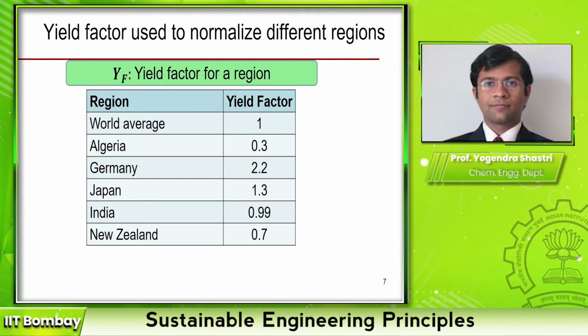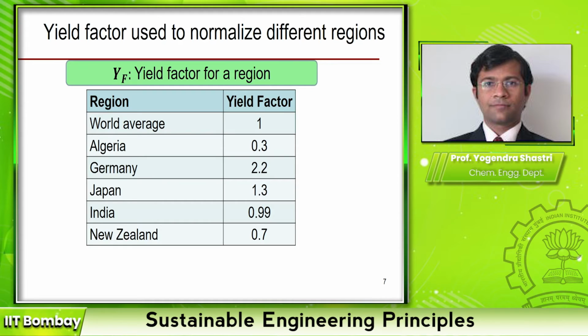Yield factor is based on the relative yield of a particular region or country compared to the world average. So if we take the world average yield of a particular resource and take that as 1, then the yield factor tells you the yield of a particular country relative to that world average.